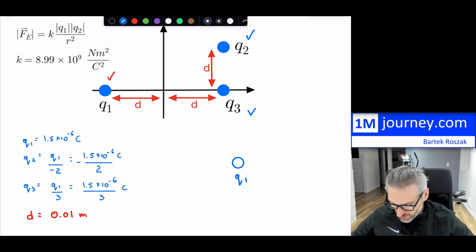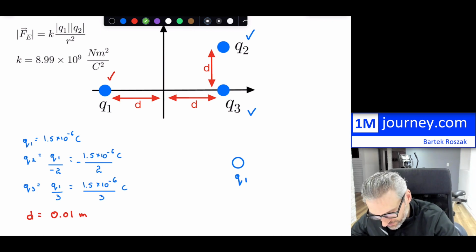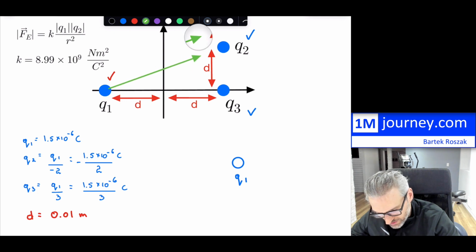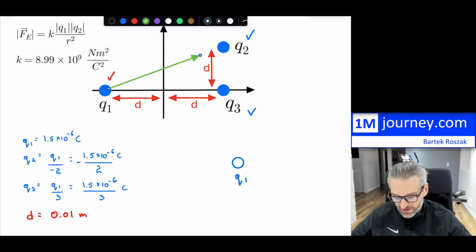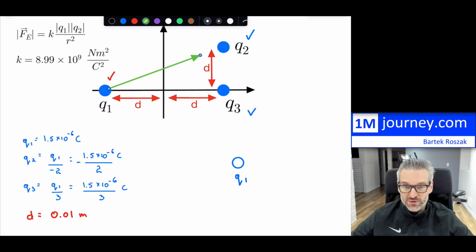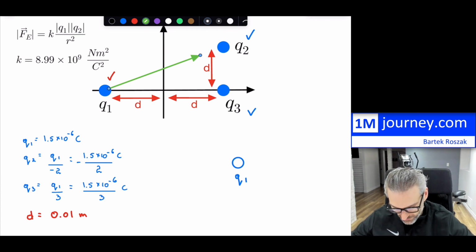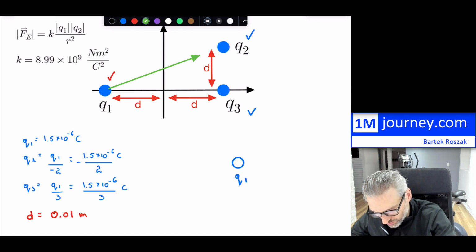Now notice Q2 is negative and Q1 is positive, so those two are going to attract each other. If you're drawing this out, this is going to get attracted to this, right? So the force is going to be in this direction. We're going to come back to those forces in just a moment when we're finding this whole thing out. But first, let's just find the magnitudes. That's going to be with respect to Q1.